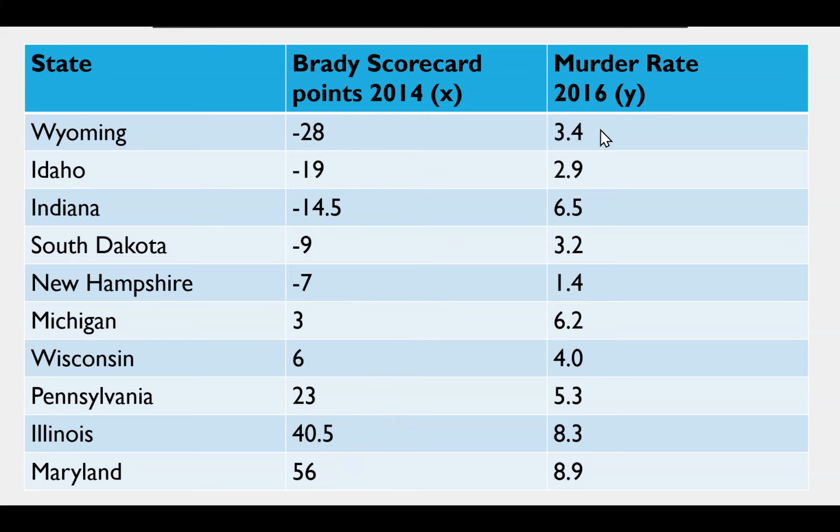And then the murder rate is pretty straightforward. That's murders per 100,000 people. So on average, how many murders per 100,000 people. And you can see these data.